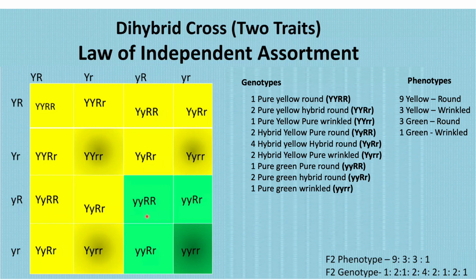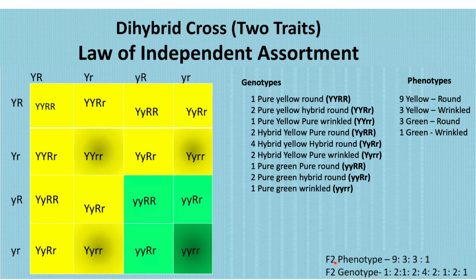So these different combinations of genotypes give rise to 9 yellow round plants, that is 1, 2, 3, 4, 5, 6, 7, 8, and 9 yellow round plants, and 3 yellow wrinkled plants, and 3 green and round plants, and 1 green and wrinkled plant.